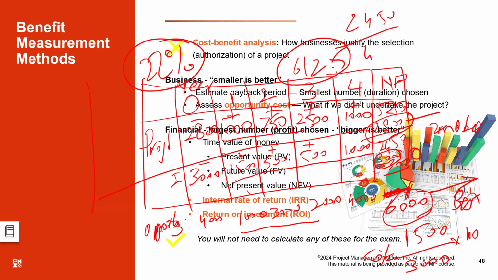So in payback period, both project 1 and 3 are the same, right? And in the net profit as well as in ROI, project 3 is the winner. So that's how we compare projects, or do the cost benefit analysis of the project.